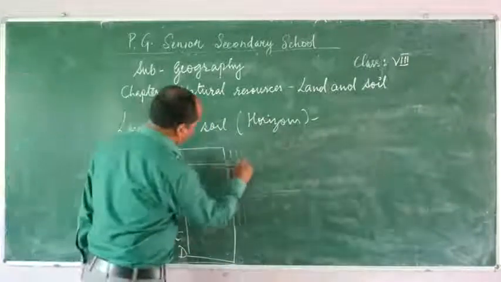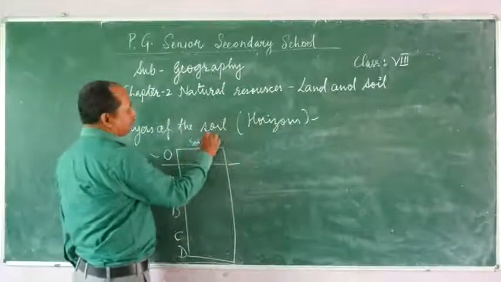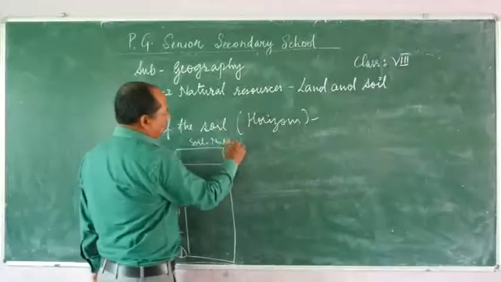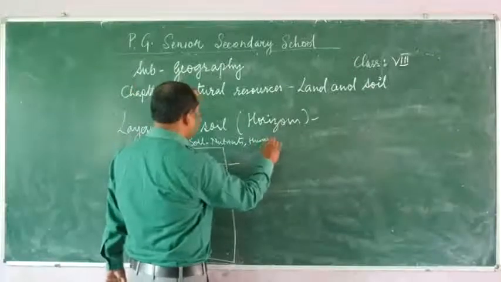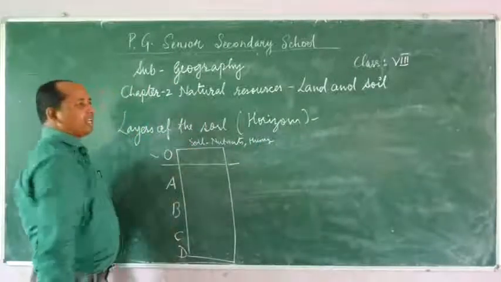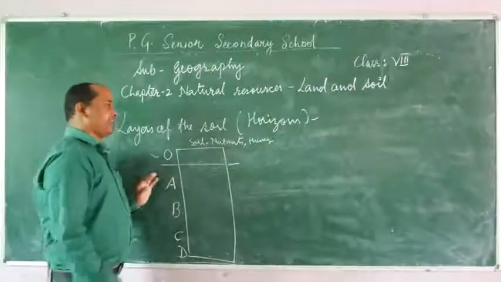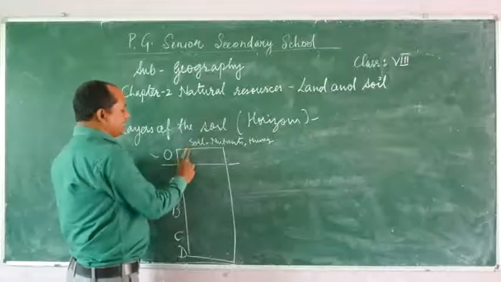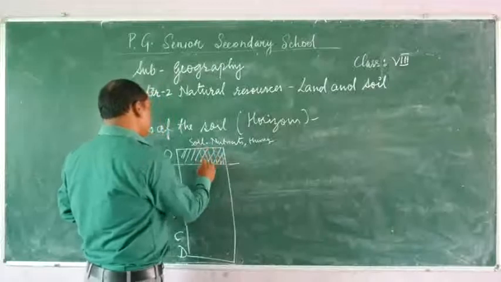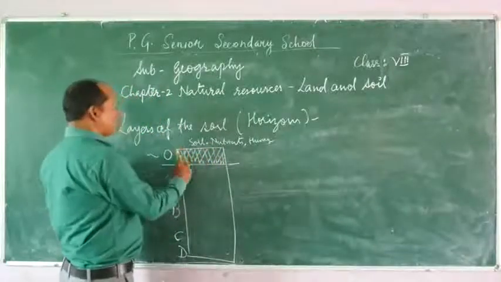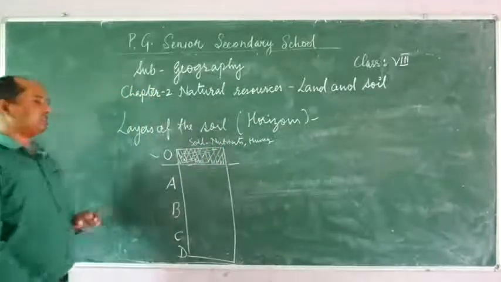Horizon O or horizon 0 contains the soil, nutrients, humus, etc. It is very important for growing the crops. That is why horizon O is very important. It contains all the essential things which are important to grow the crop, and horizon O is the uppermost layer, and we should also always conserve the horizon O.